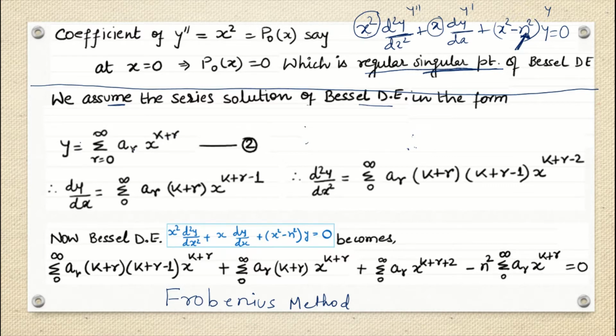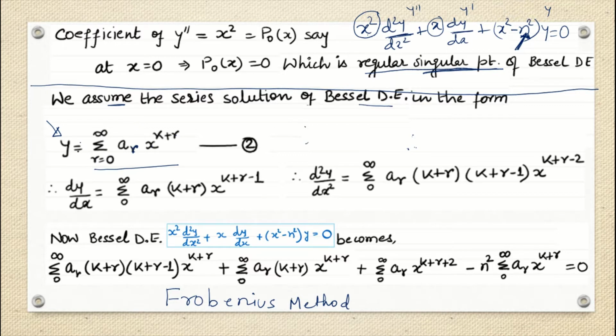And what is this r? r is regulating this series, that means r goes from 0 to infinity. If we expand this solution, this will be a naught x to the power k, because r is 0, plus a1 x to the power k plus 1, plus so on till infinity, correct?